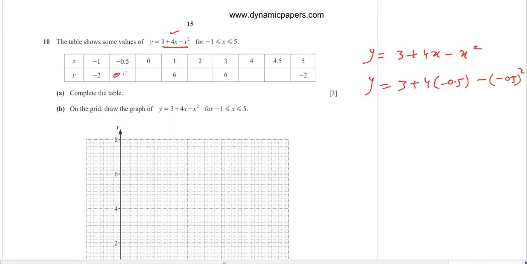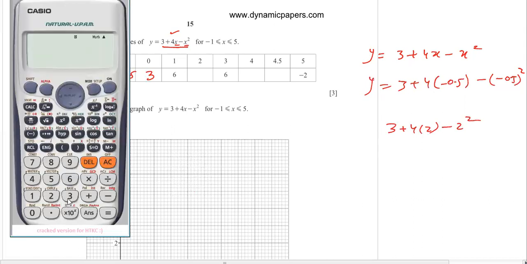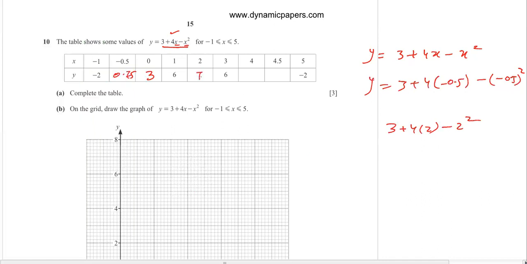So it means here will be 0.75. Similarly, if you put 0 in place of x, you will be left with 3. Then in place of x, put 2. It will become 3 plus 4 into 2 minus 2 square. That will be 7. So right here 7.